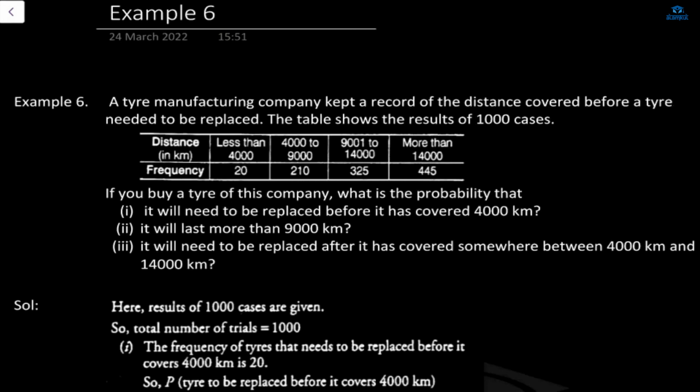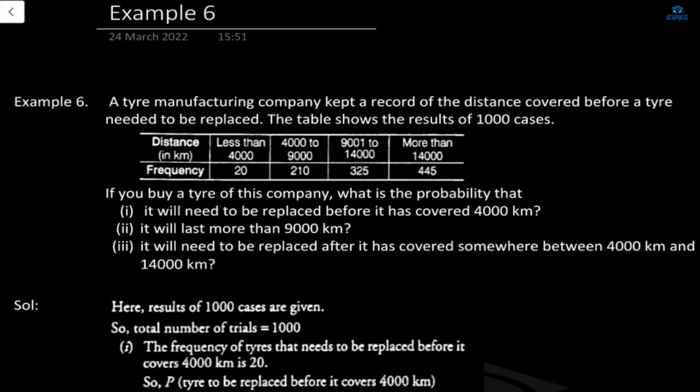And for the second one, where it lasts more than 9,000 kilometers, it says that 9,000 to 14,000 is 325, and more than 14,000 is 445.